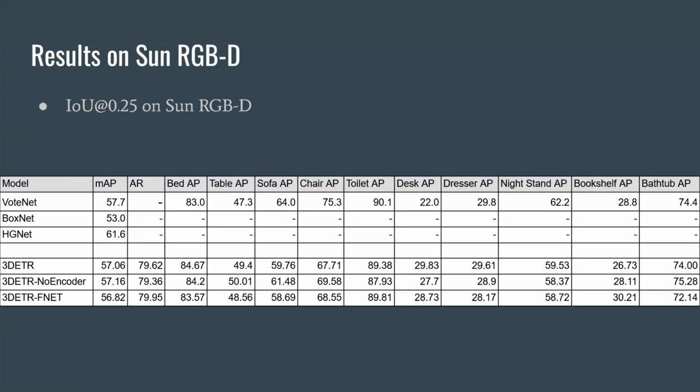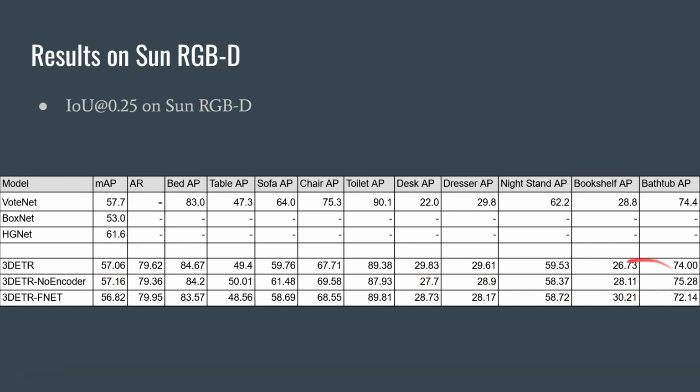So as a quick comparison on SUN RGB-D, all of the models performed about the same with a mean average precision of about 57, which is comparable to VoteNet, which 3DETR did use. It outperformed BoxNet, but it's not the state of the art. It does not outperform H3DNet.